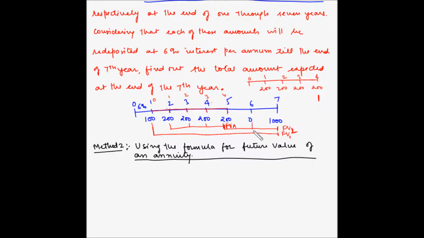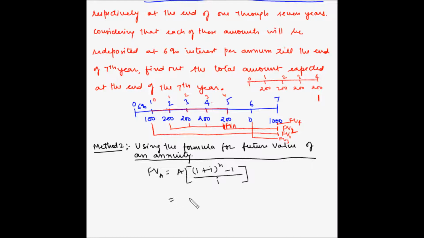And then this 0 will become FV3 and this 1000 is basically FV4. So let's first find out the future value of this annuity. Now the formula for finding out the future value of an ordinary annuity is FV, in this case it is A, is equal to A into bracket 1 plus I to the power n minus 1 divided by I.